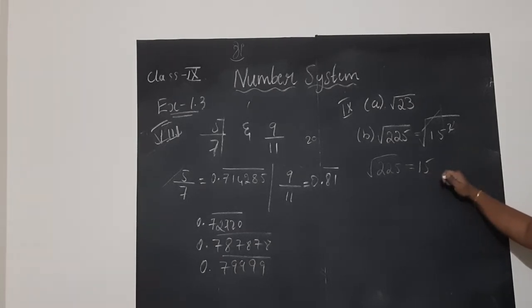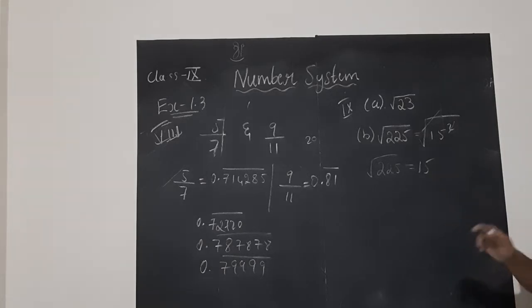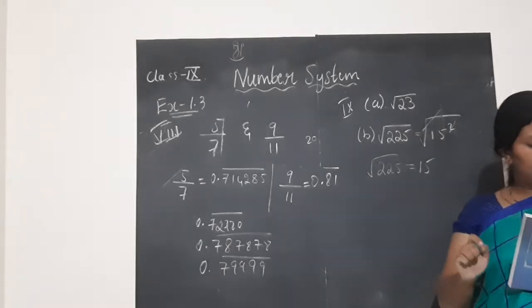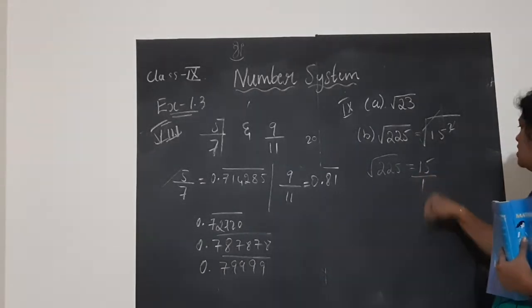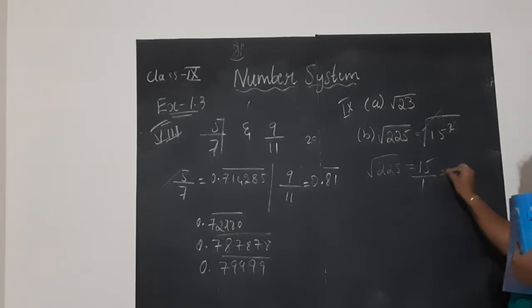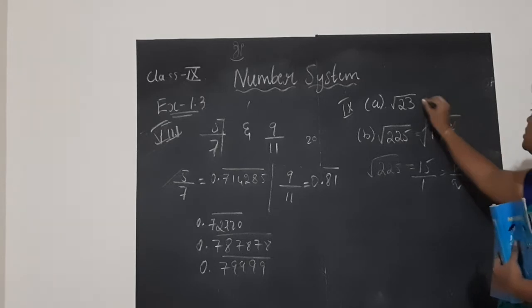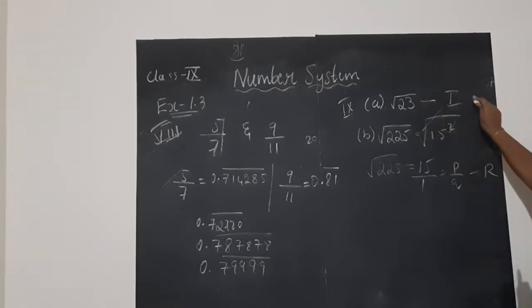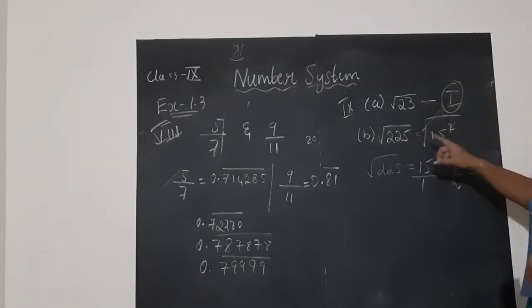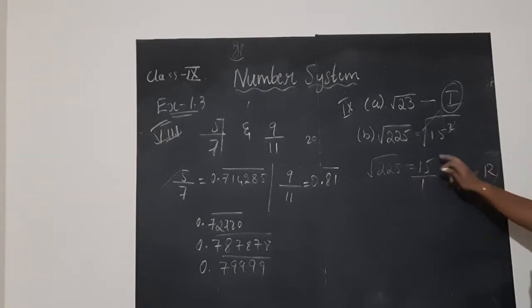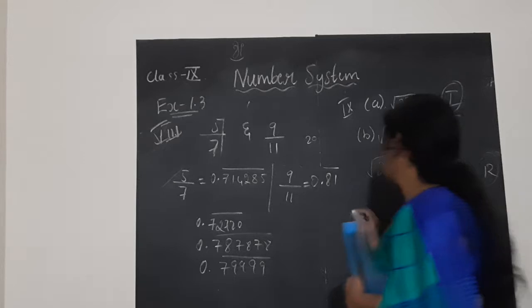Is it terminating? It is ending. So it can be written as 15 divided by 1, which means it can be expressed in the form p by q, so of course it is rational. Square root of 23 is irrational. Square root of 225 is the perfect square of 15, and 15 divided by 1 can be written in p by q form.